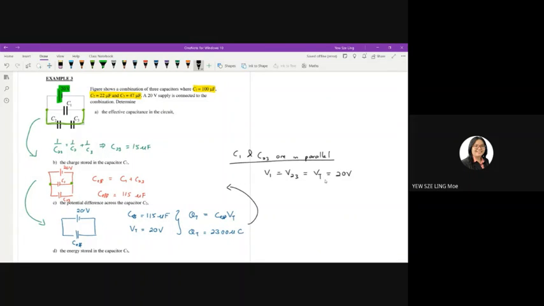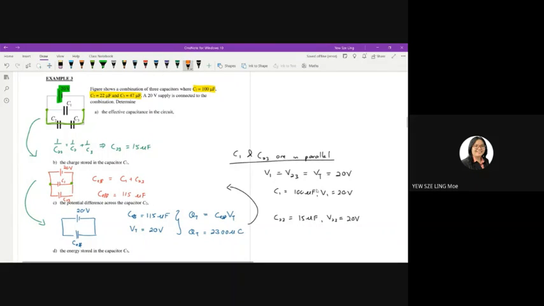Now you have V1 and V23, and you also have C1 and C23. So C1 equals 100 microfarad, and V1 equals 20 volt. C23 equals the green color solution, 15 microfarad. V23 equals 20 volt.